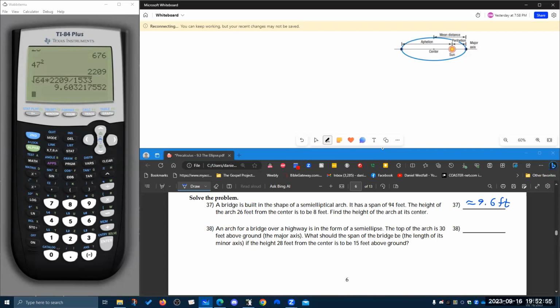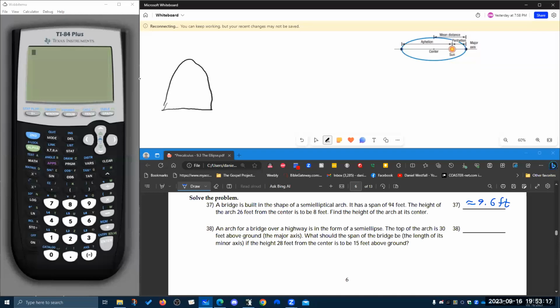Now we have a bridge that's semi-elliptical, but it's taller than it is wide. You know that because it says that the height is the major axis. So this bridge is like this.